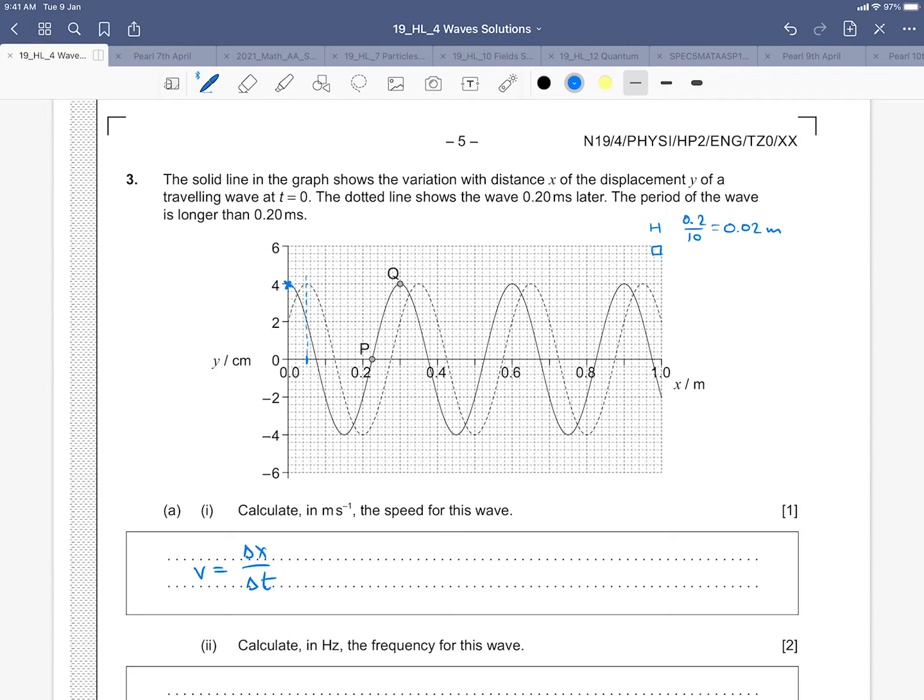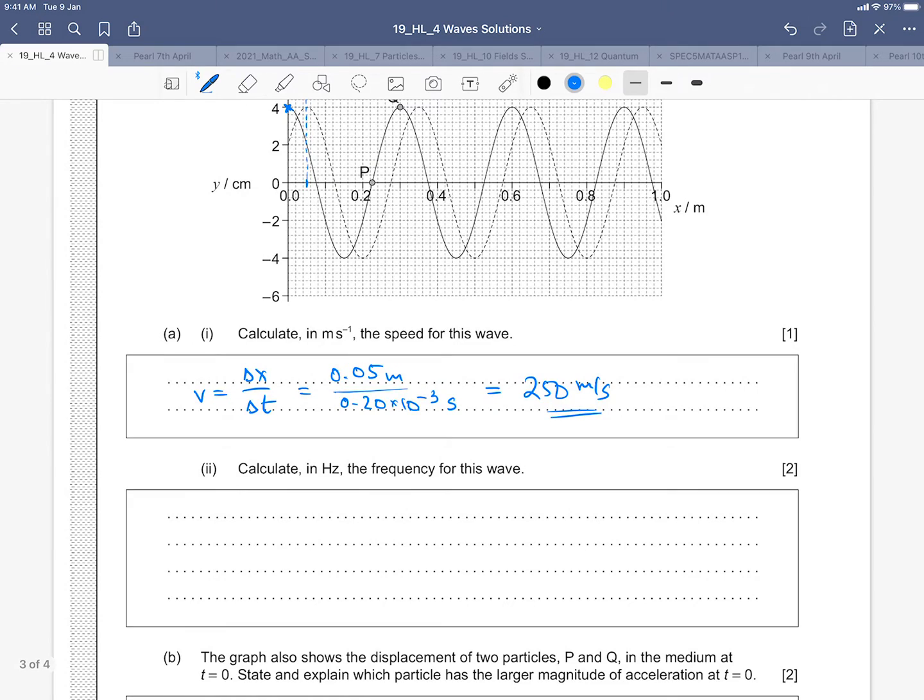The wave has traveled 2.5 squares, so that's 0.05 meters in those 0.2 milliseconds, not meters seconds, milliseconds. You plug that in and you get 250 meters per second.